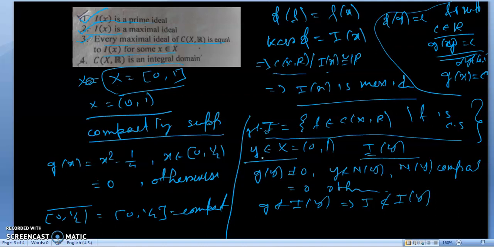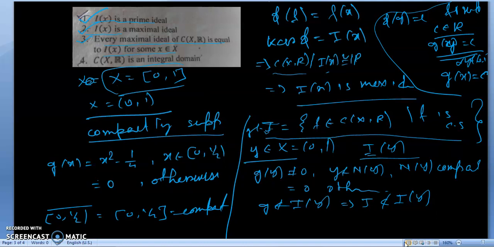As y was taken arbitrary, there is no ideal I_y of this type which contains J. If J is maximal, then there is a maximal ideal which does not look like this.